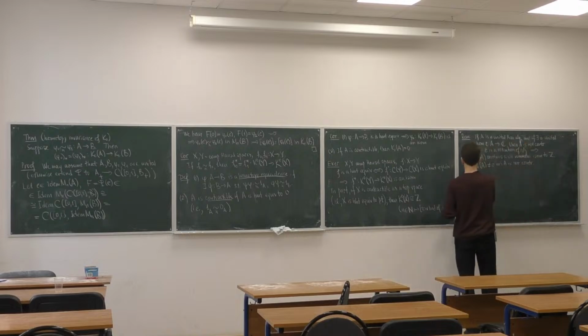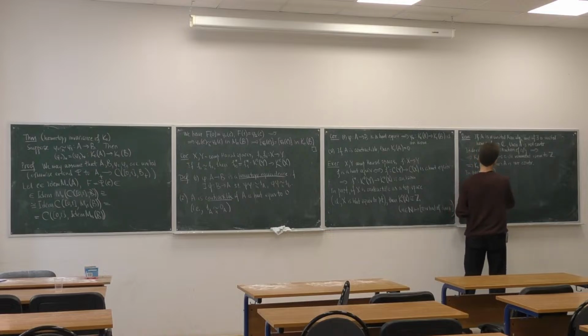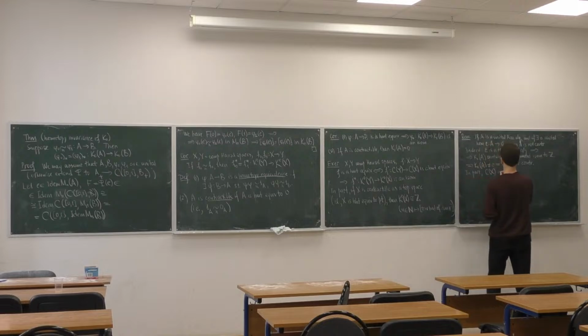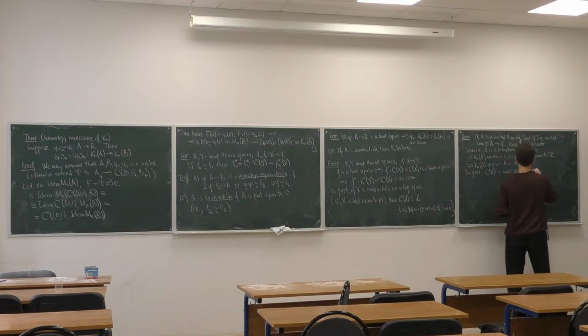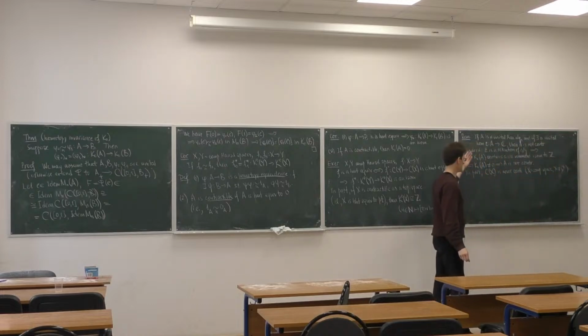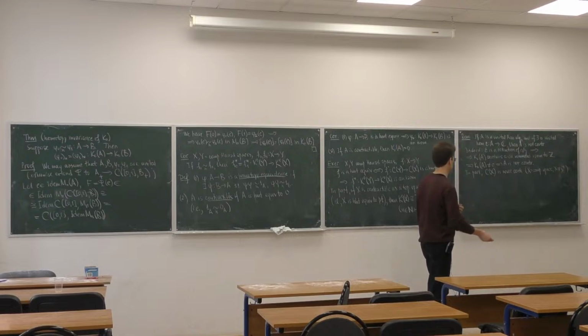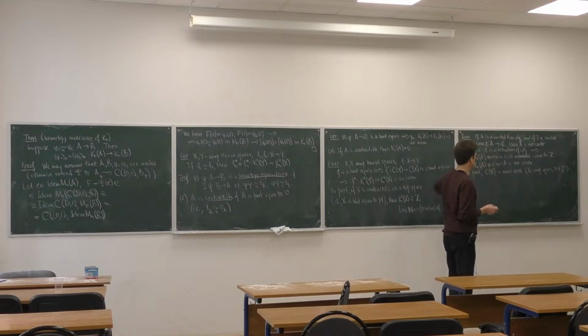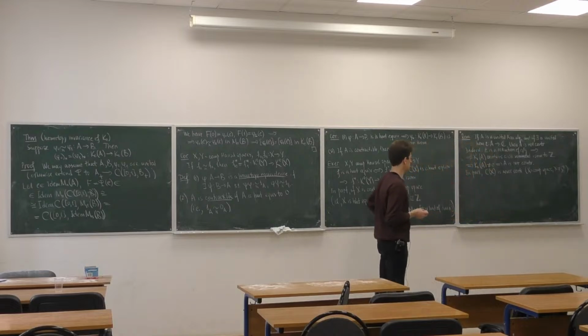And in particular, we see that the algebra of continuous functions C of X, where X is a compact Hausdorff space, is never contractible. Of course, X is non-empty. Because this algebra has many homomorphisms to the complex numbers, namely the evaluation maps are non-trivial unital characters.